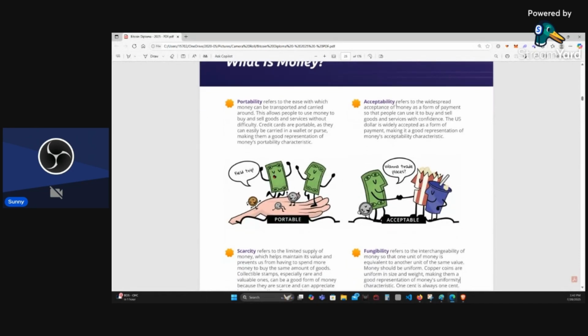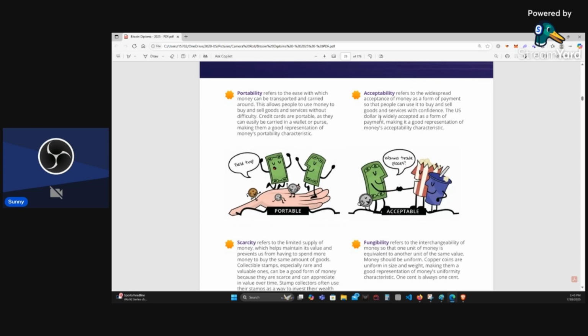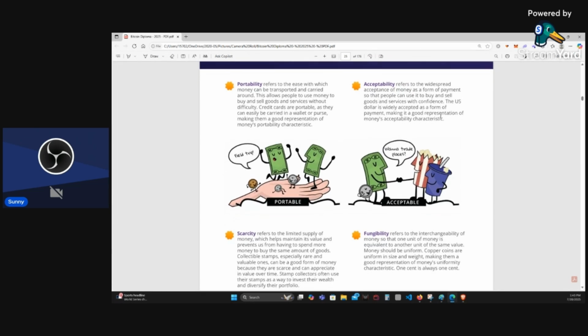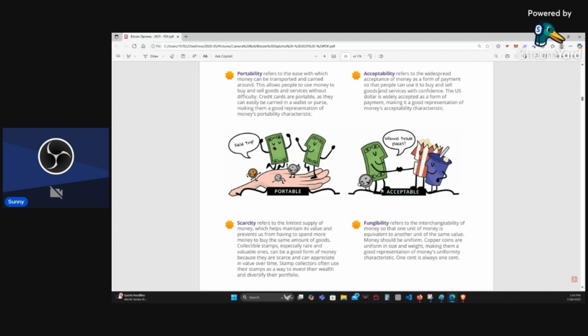Acceptability refers to the widespread acceptance of money as a form of payment, so that people can use it to buy and sell goods and services with confidence. The US dollar is widely accepted as a form of payment, making it a good representation of money's acceptability characteristic. So again, money has to be widely accepted.